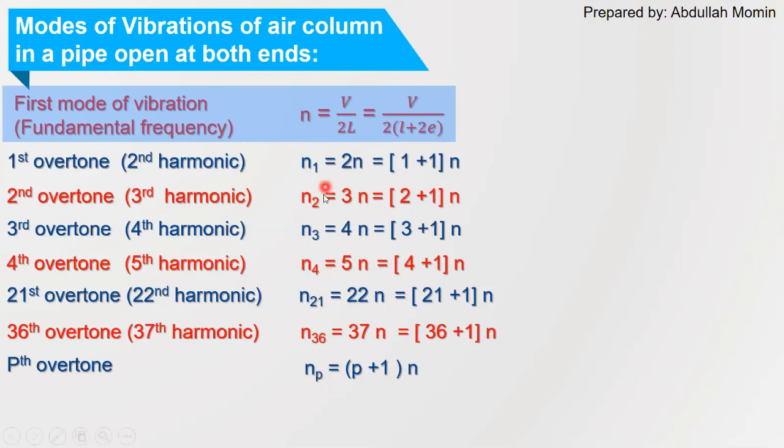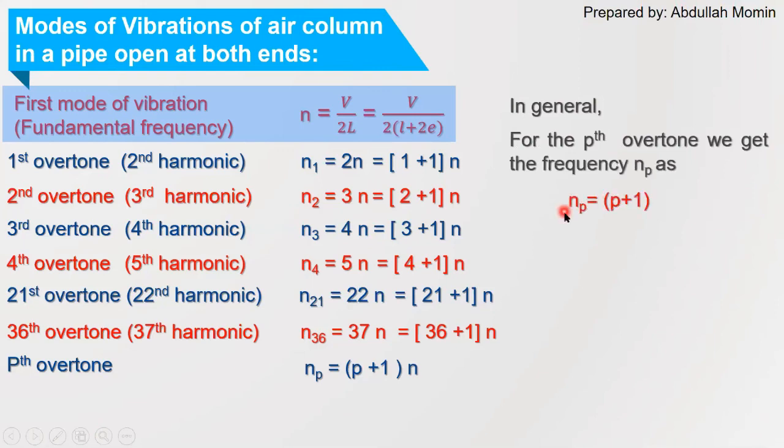It can be 1, it can be 2, it can be 3, it can be 21, it can be 36. What you have to do is just add 1 in the suffix of n. So in general, we will say that for the pth overtone, the frequency Np can be written as Np is equal to P plus 1n.